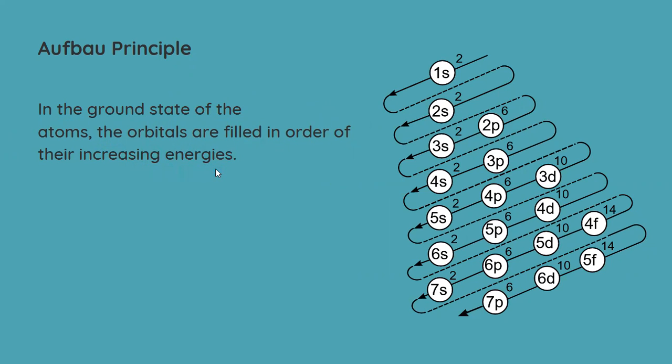If you remember, we learned about the various energies of orbitals in the previous video. So based on the Aufbau principle, the least energy orbital will get filled, and then it will go on to the higher one, and then a higher.